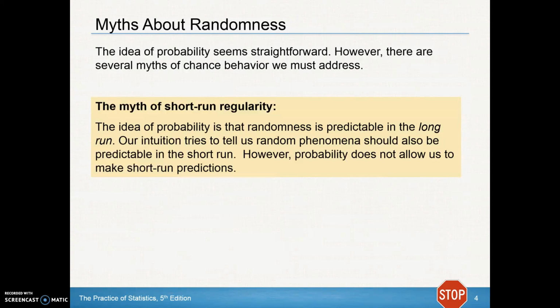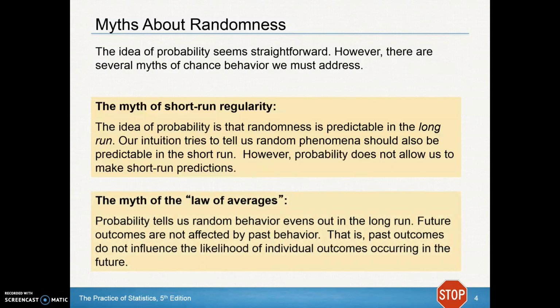However, probability does not always allow us to make short-run predictions. So again, in the coin flipping example, some people would say, well, if you flip a coin 6 times, you're going to get 3 heads. It's going to happen. And that is not always so predictable. They're going to say you're going to get 50% of your flips to be heads. But again, that's not true in the short run.